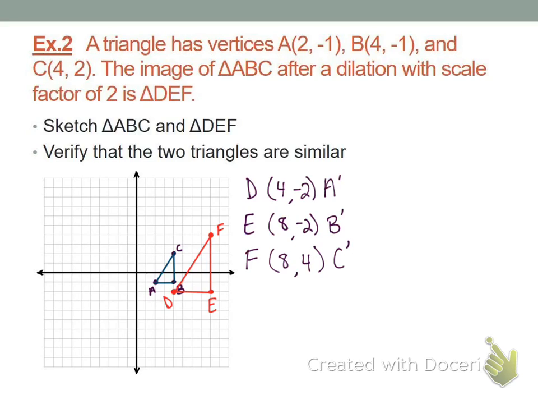One way, probably the easier way for some people, is to use side similarity. That would mean I would need to know the lengths of all of the sides and compare them to each other, like Micah said, to make those ratios and see that they all come out to be a scale factor of 2.